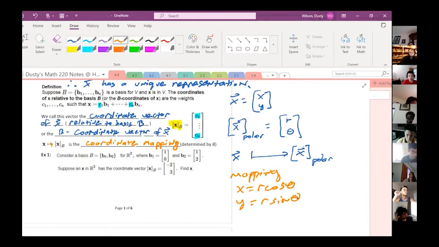Evan asked, this makes me wonder if Cartesian coordinates were always the standard coordinates. And I think what's actually important is to remember that coordinates are a relatively recent concept. I don't know if this story is true, but the legend is, at least, that René Descartes, the French philosopher and mathematician, liked to sleep in.